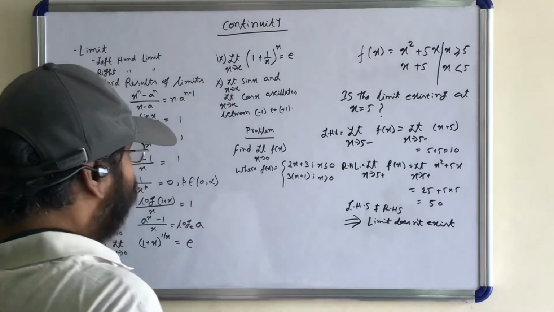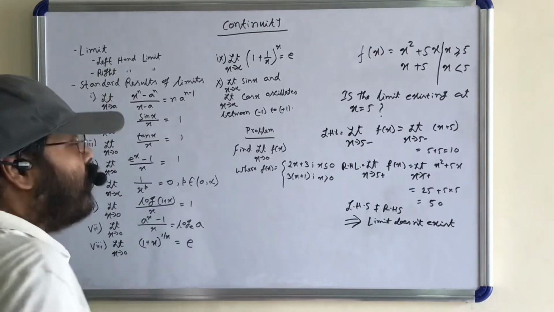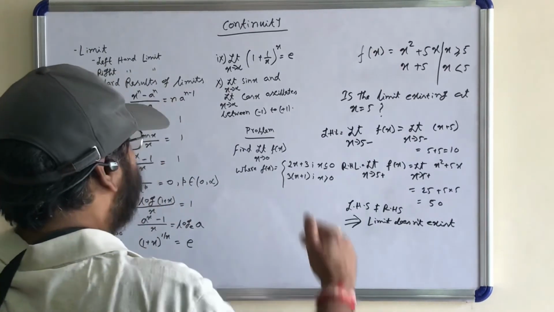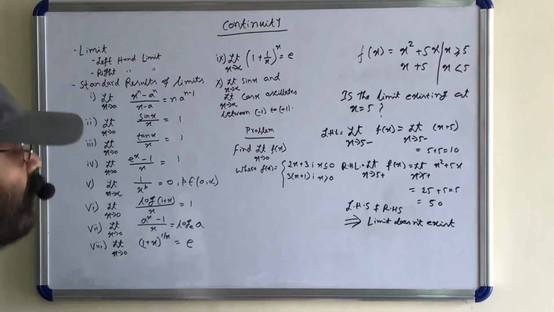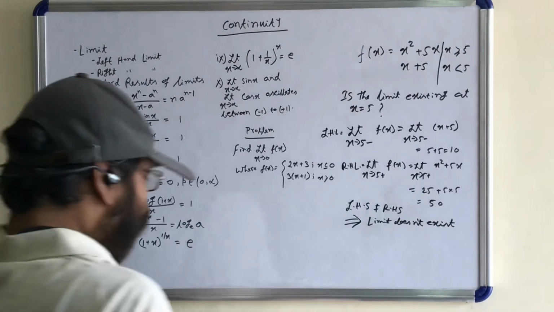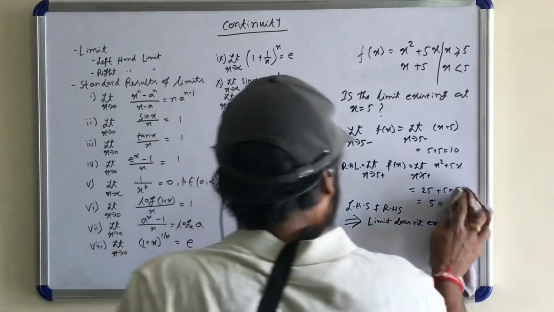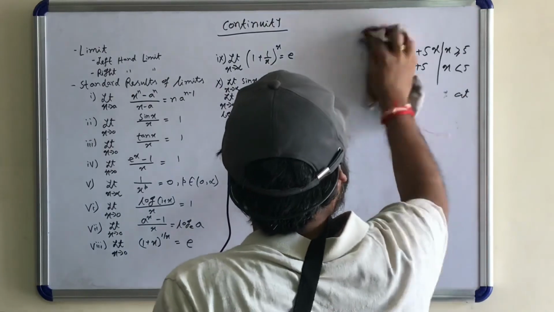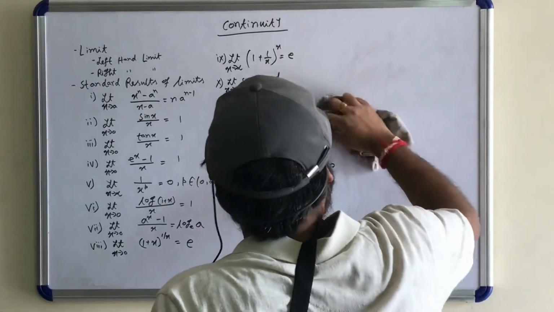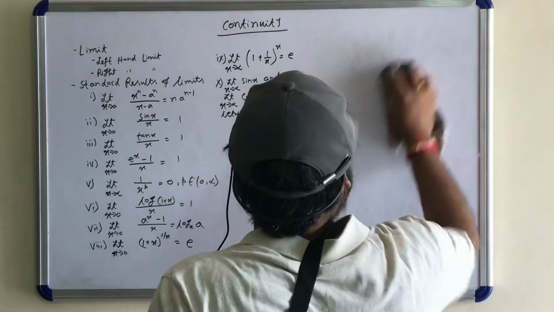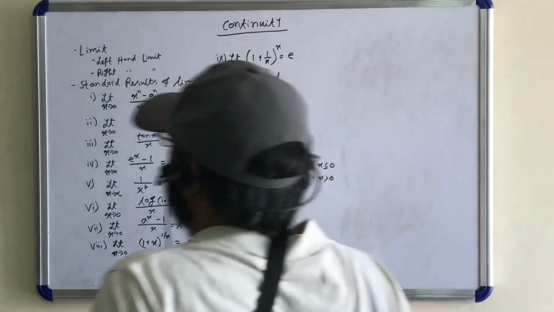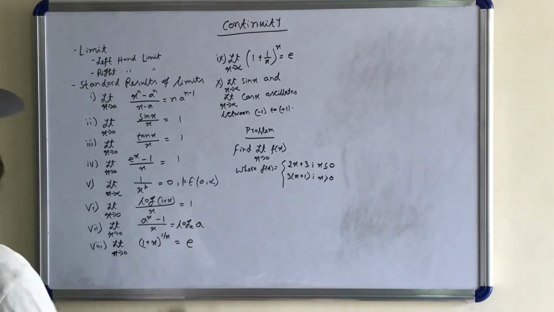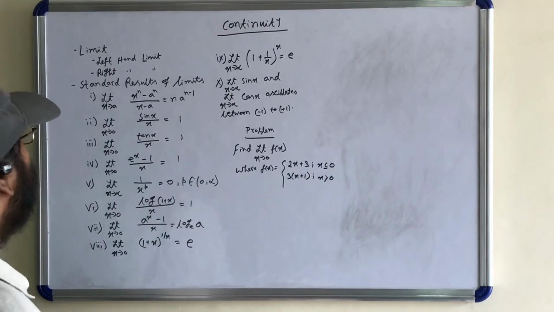I think you have also read that concept in class 11, but before starting continuity you require that recapitulation. That is why I have reiterated this. You should also memorize some standard results on limits, which I have written here. Limit x tends to a, (x to the power n minus a to the power n) by (x minus a) is equal to n a to the power n minus 1.